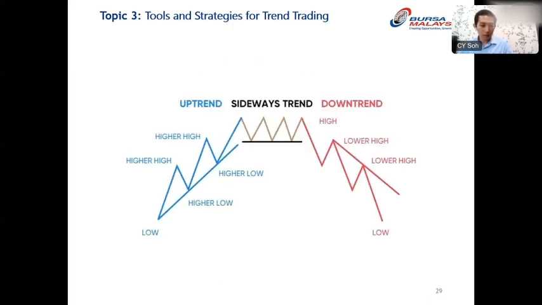Now, of course, probably you may have seen this diagram before. If you're using classical technical analysis, you need to understand the criteria of uptrend and the criteria for downtrend so that you are able to draw the trend line correctly. So for a typical uptrend, you will have higher low as well as higher high, whereas for downtrend, you have lower high and lower low.